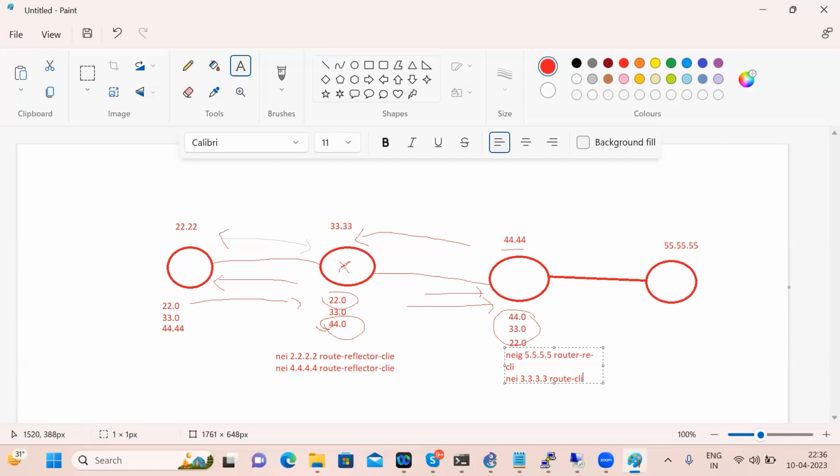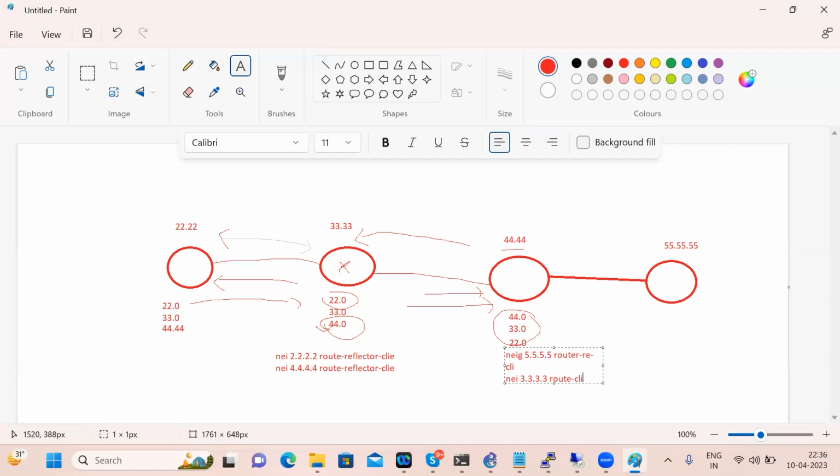Sir, so basically the next hop self command and the route reflector client command are both doing the same thing, but we use next hop self in eBGP and route reflector client in IBGP, right, sir? Yes, very good. That is the last point of what I am going to tell you. They both are doing the same thing.